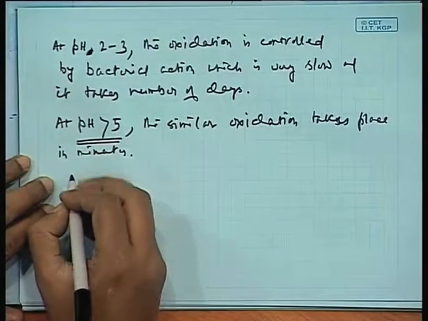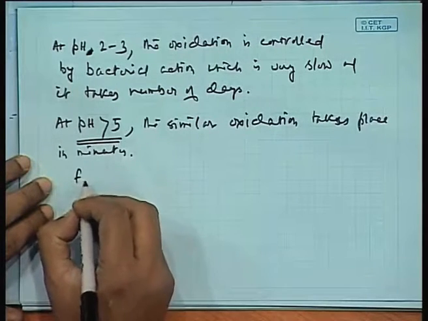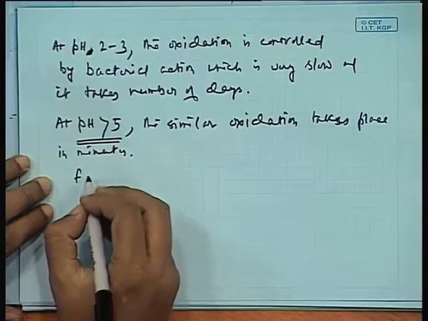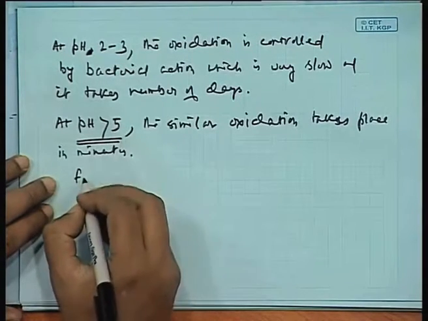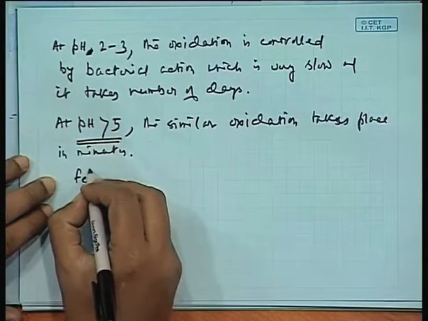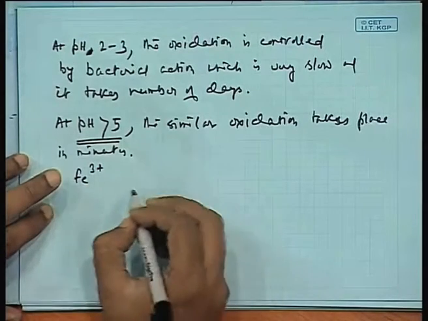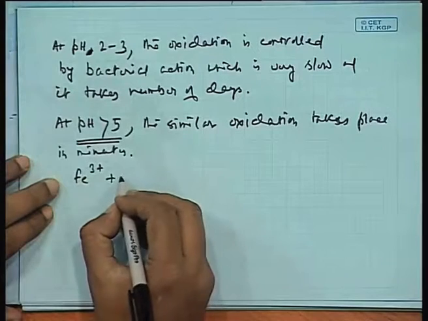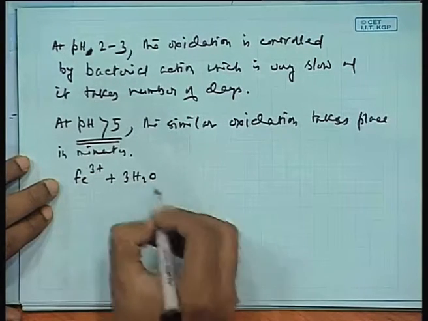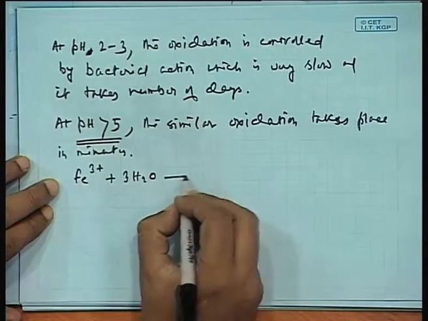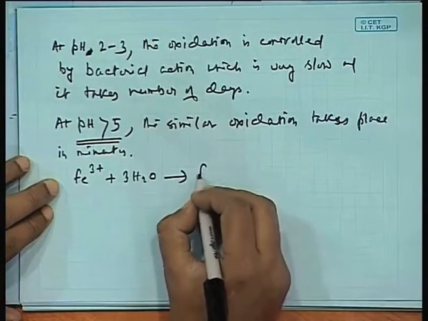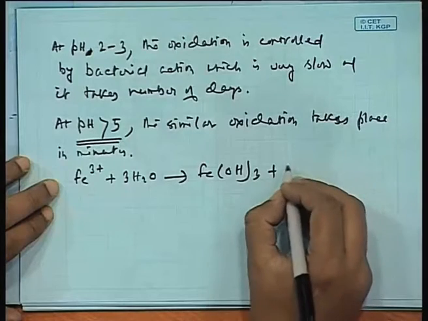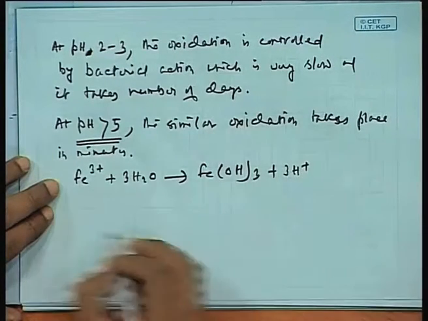The problem is this: as we finally find Fe3 plus being formed, another kind of reaction that would take place is H2O converting it to FeOH3 plus 3H.